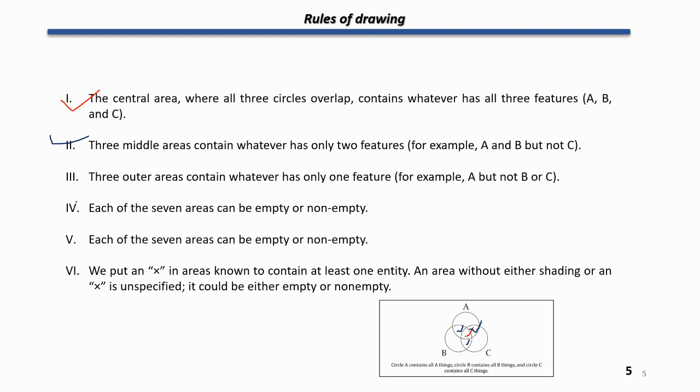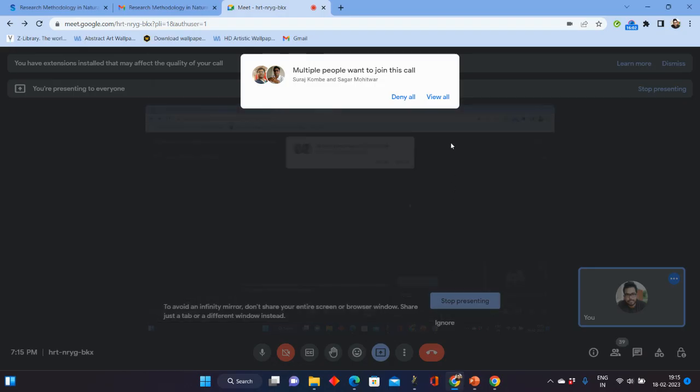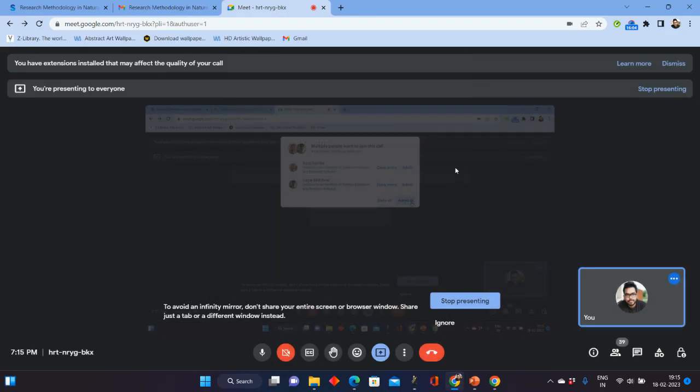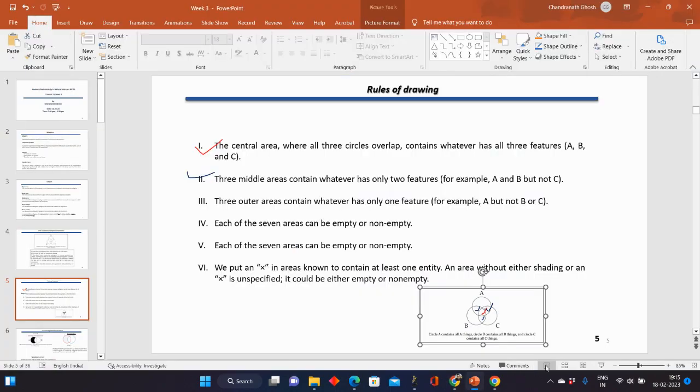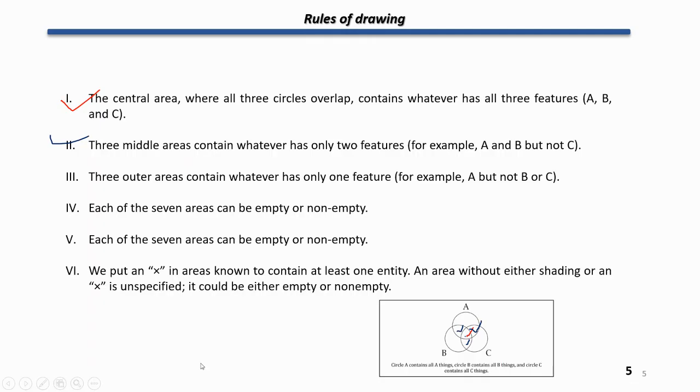Here you can see A and B are there but not C, at this colliding area.